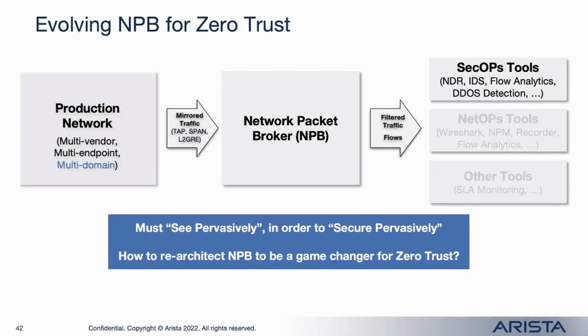One of the challenges, of course, is that the production network is always multi-vendor. You have many endpoints, users, devices, and applications. But as we think about zero trust, we want to secure everything, secure pervasively, and therefore I have to be able to see pervasively.